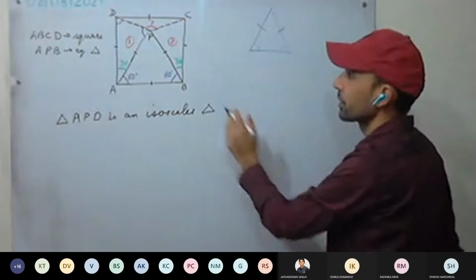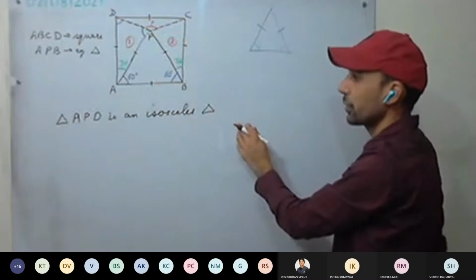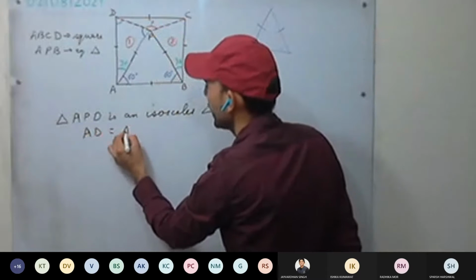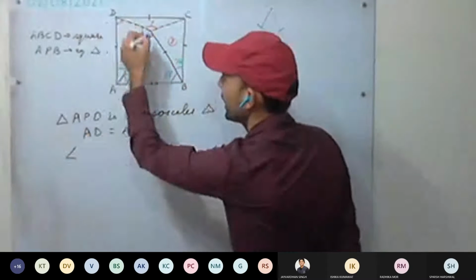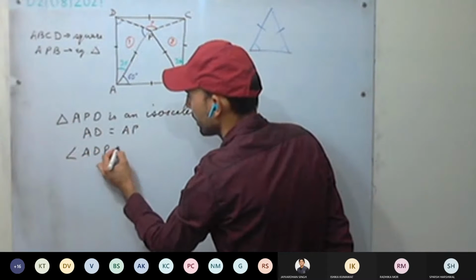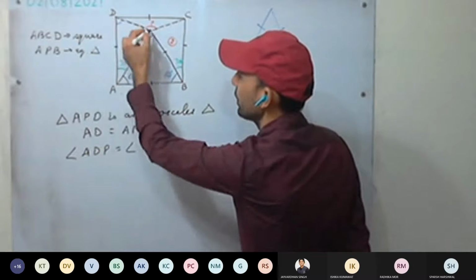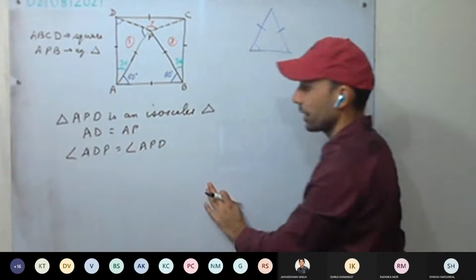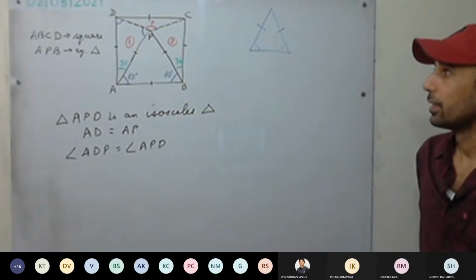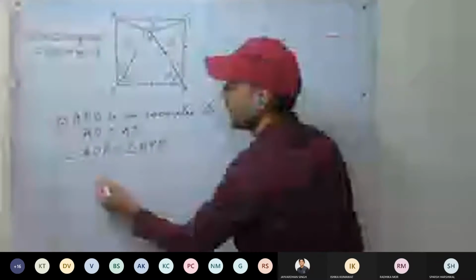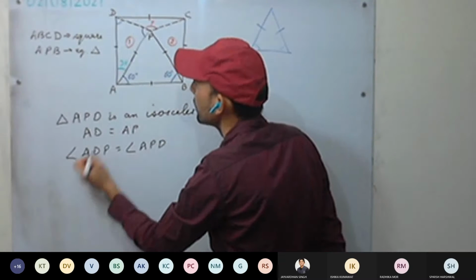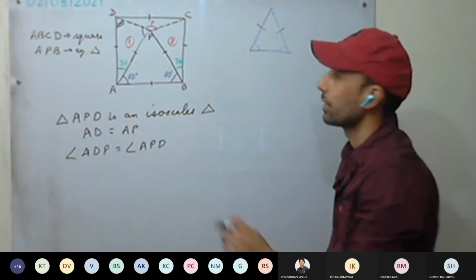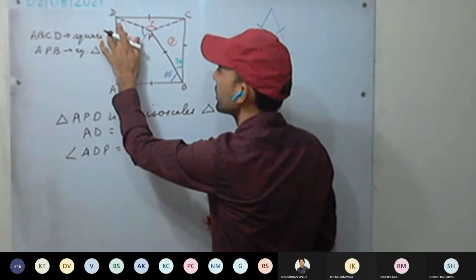The reason you can write is because AD equals AP, that we all know. So angle ADP equals angle APD. Now everyone calculate this angle. Tell me how much it is.